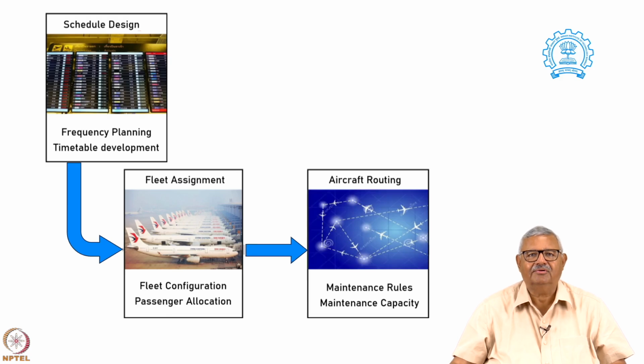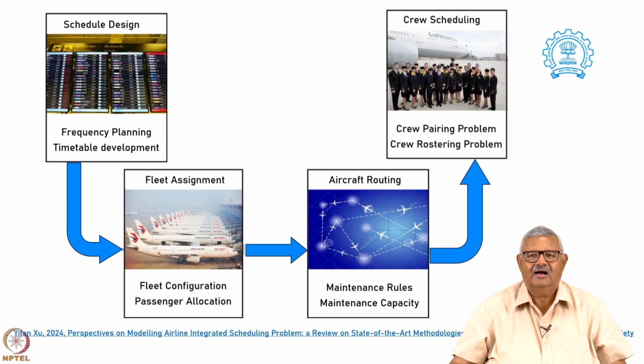While doing the routing, we need to take care of several constraints and limitations, such as the constraints due to maintenance and the constraints due to the capacity of performing the maintenance tasks. Then once we have completed aircraft routing, we can go for crew scheduling, where you have a crew pairing.